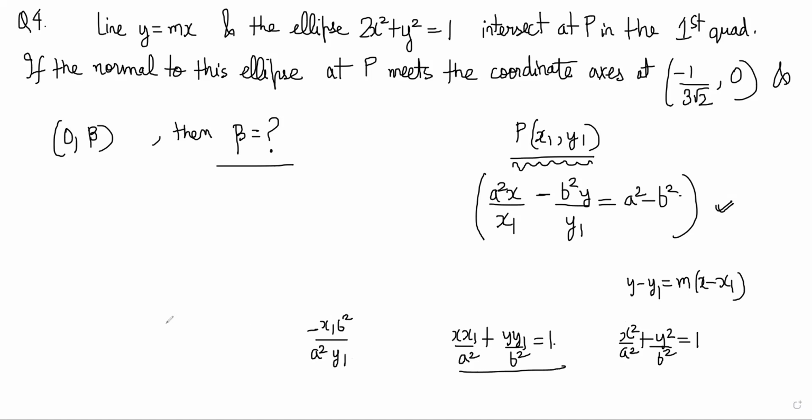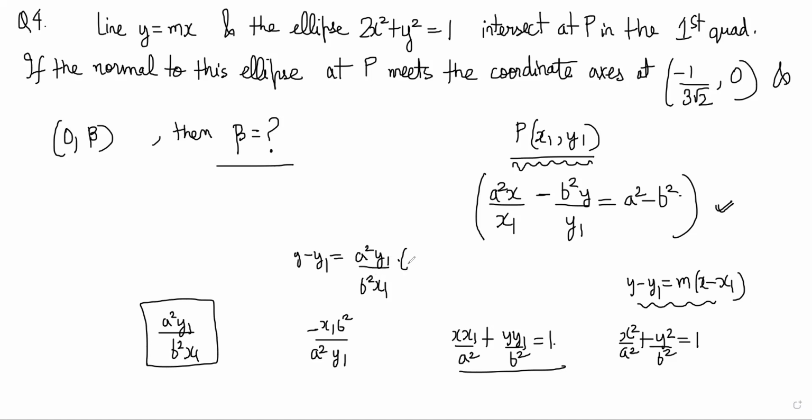So the slope of the normal is a square y1 by b square x1. So you will get y minus y1 is equal to a square y1 by b square x1 into x minus x1. So you can do y minus y1 by a square y1 is equal to x minus x1 by b square x1.